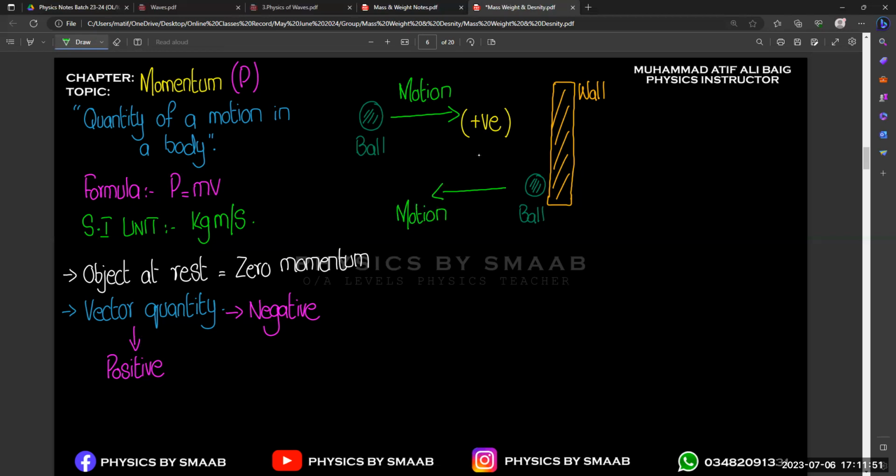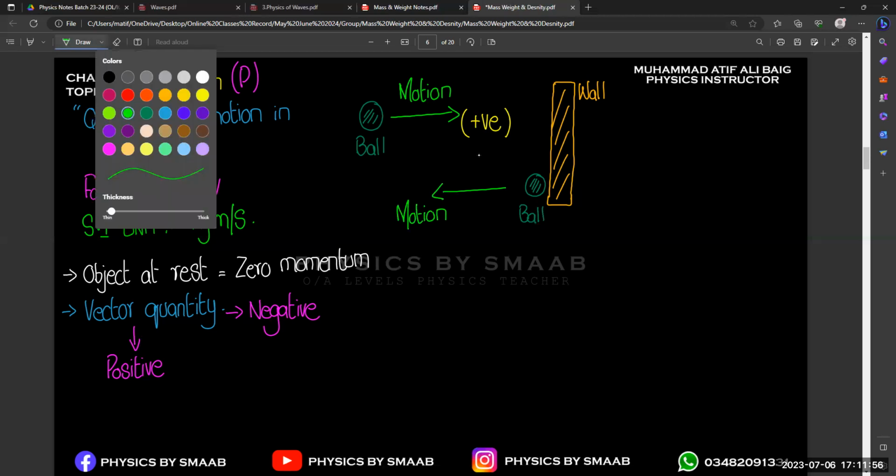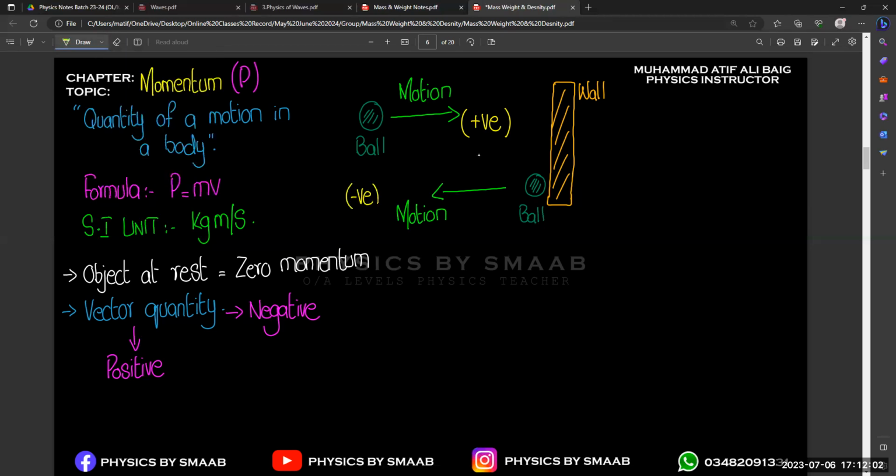Basically, the basic concept is we are getting the opposite direction, so we just write negative. Negative gives you the concept that there must be some value which is completely opposite to the first direction of motion. Are you getting the concept?